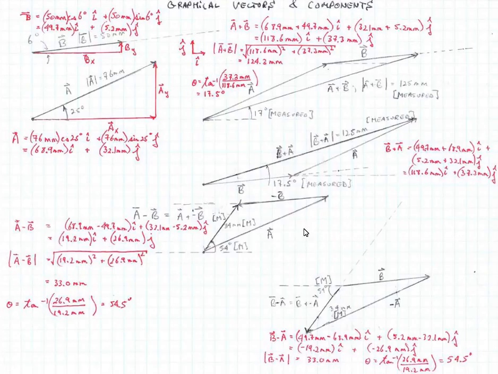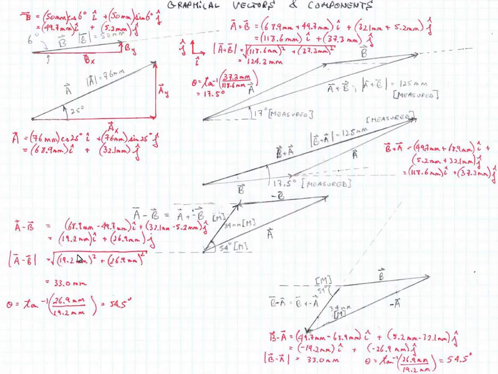Okay, so for these last two, a minus b: I take 68.9 minus 49.7 and I get 19.2 millimeters I hat for the I component of a minus b. And for the j hat component, I get 32.1 minus 5.2, which is 26.9.